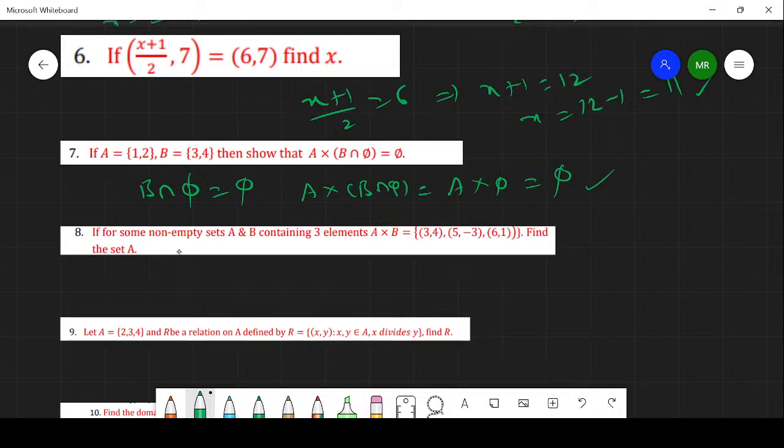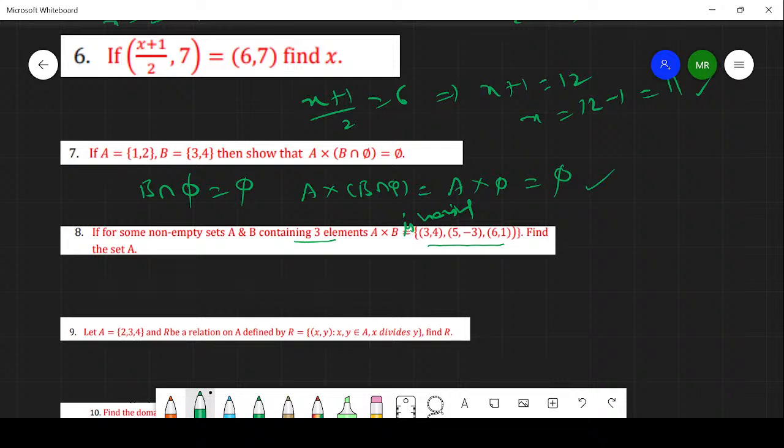Here A cross B is having these elements, not this entire A cross B. A cross B is having these ordered pairs. Please change this problem like that. It is a printing mistake.